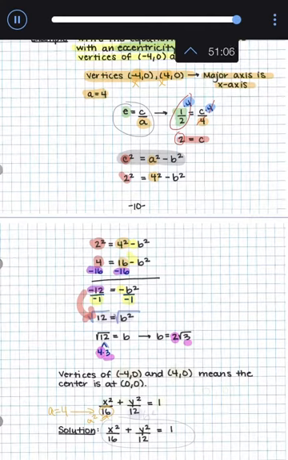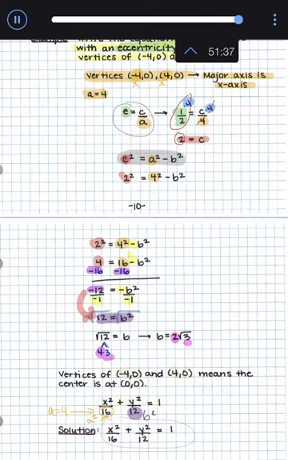Now, we just found out that B is equal to 2 square roots of 3. That's actually not what's important. What's important is that actually B squared equals 12. Remember, what goes on the bottom is the minor axis squared, the radius squared, which means I can just go ahead and put in a 12 because that's what's going to go underneath there, your B squared.